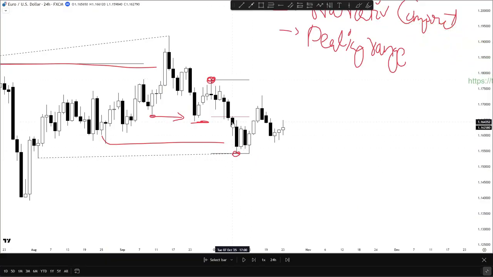Now again, these two reasons were not the only ones that led to this low being considered a key one and me defining this expansion swing into a dealing range. We also had another lower time frame confirmation on the 4-hour, which finally confirmed it for me, which I'll talk about later. But that 4-hour confirmation was the final nail in the coffin for me.